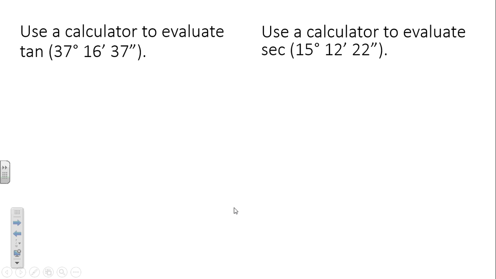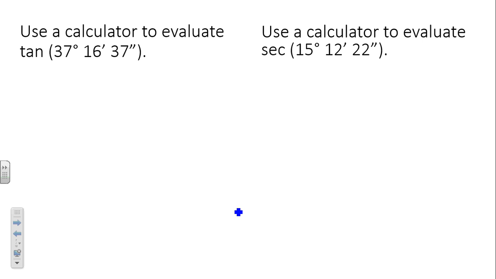So when we're talking about the tangent of 37 degrees, 16 minutes, 37 seconds, how do I do that in our calculator? I don't see a degree, minute, second button on my calculator. Some of your scientifics might have it, but if it doesn't, what do you think we're going to do? How many minutes are there in a degree? 60, right? And how many seconds are there in a minute?